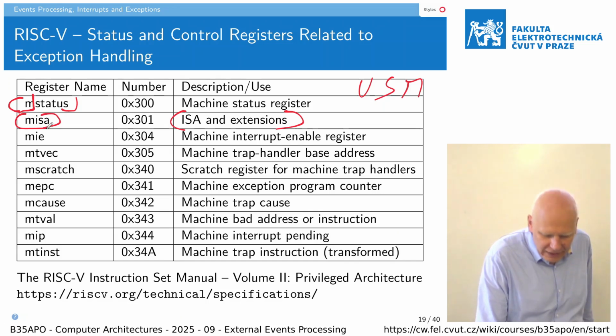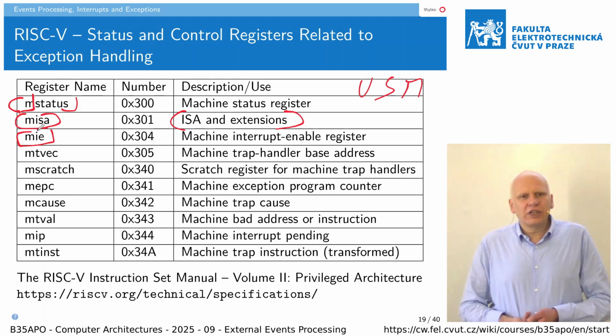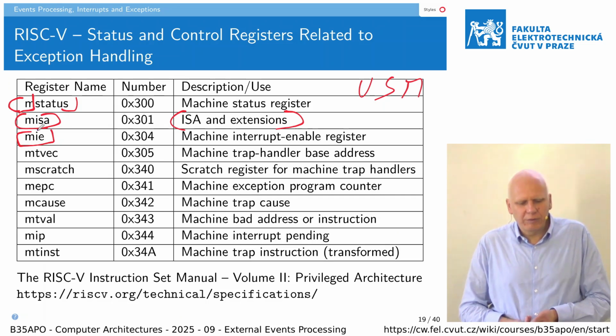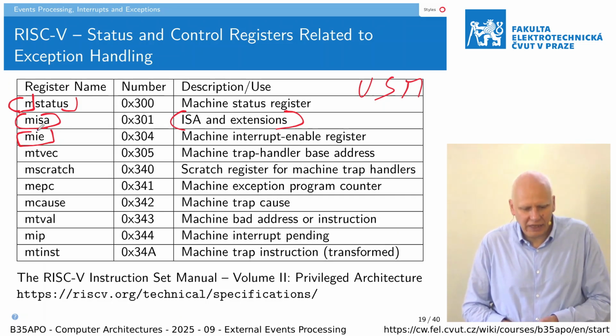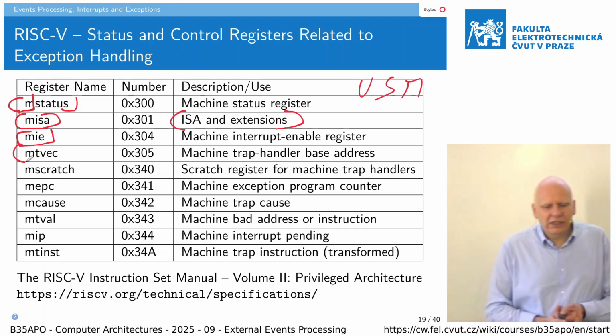Then we have the machine interrupt enable register, which allows us to enable and disable the recognition of some of those maskable interrupts.